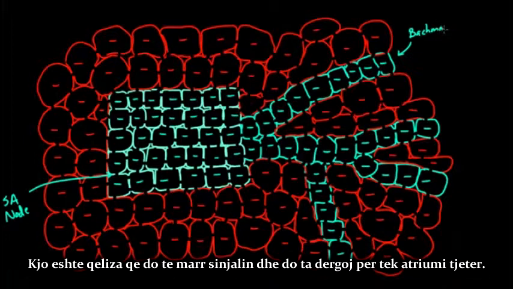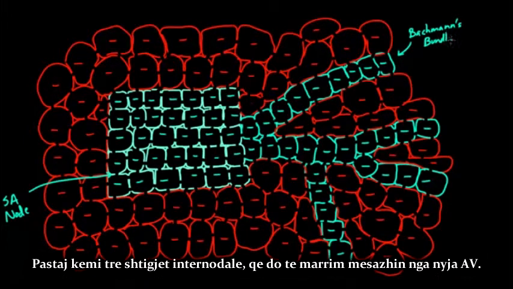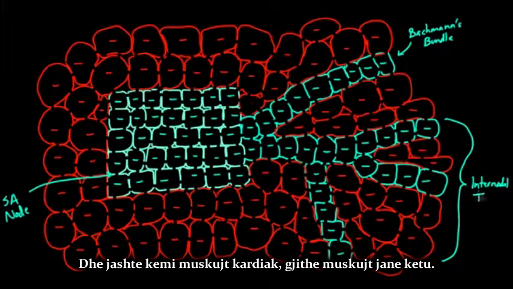So this is kind of the cells that are going to take our signal to the other atria. And then you've also got these 3 intranodal tracks that are going to take the message down to the AV node. So this is kind of a rough diagram. And on the outside, you've got all the cardiac muscle cells.